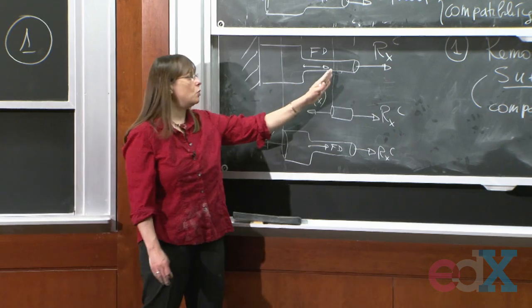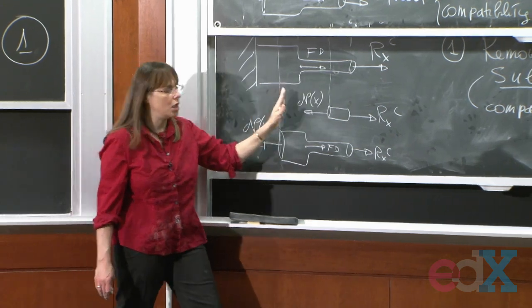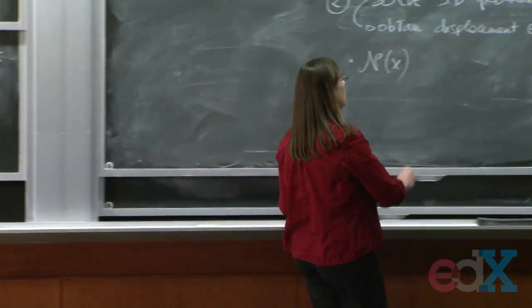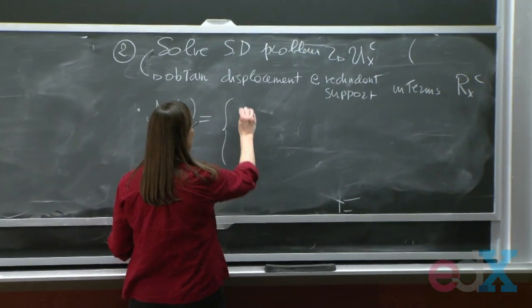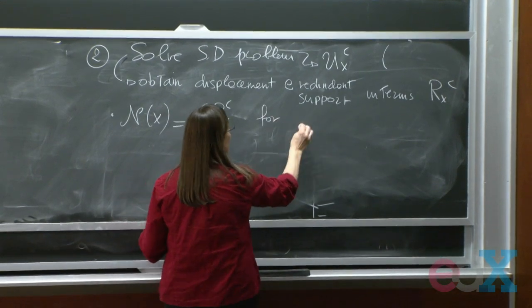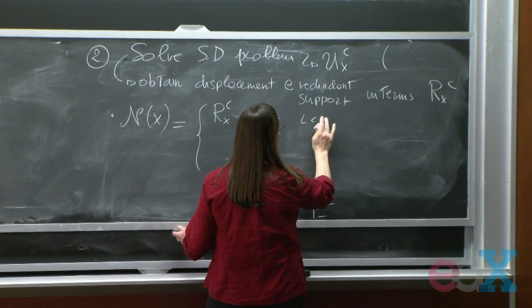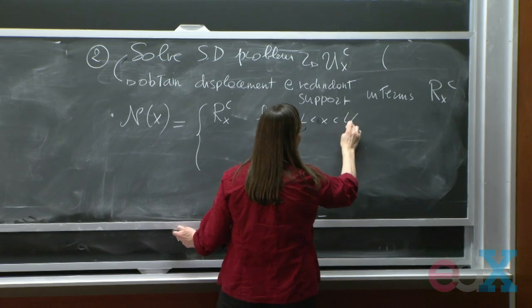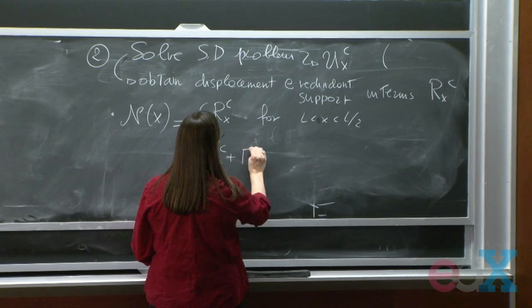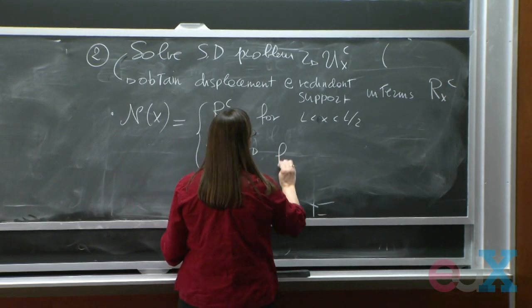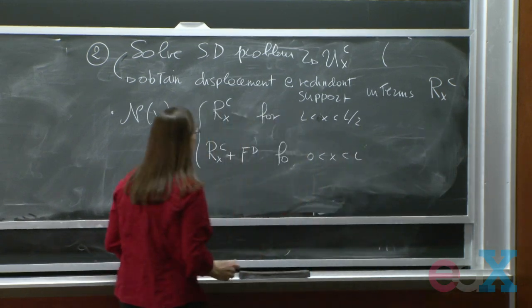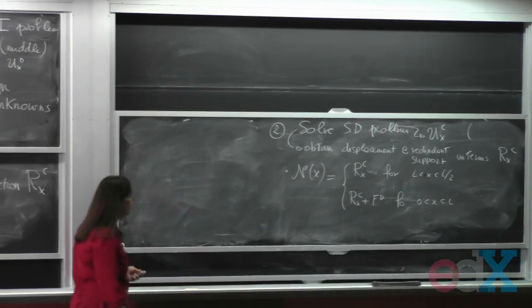And I see that because the situation here is different from the situation here, my equation for N of X is going to be split. It's going to be equal to simply RXC for L less than X less than L over 2, and it's going to be equal to RXC plus FD for 0 less than X less than L. Okay, I can do that.